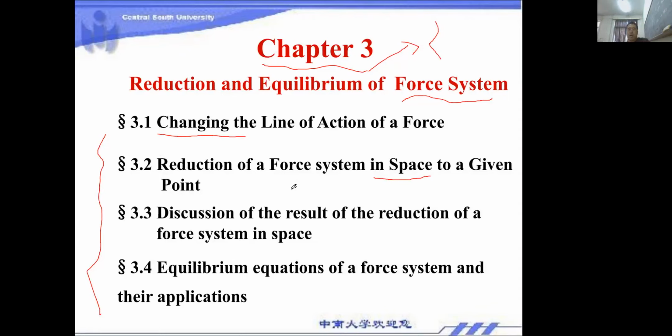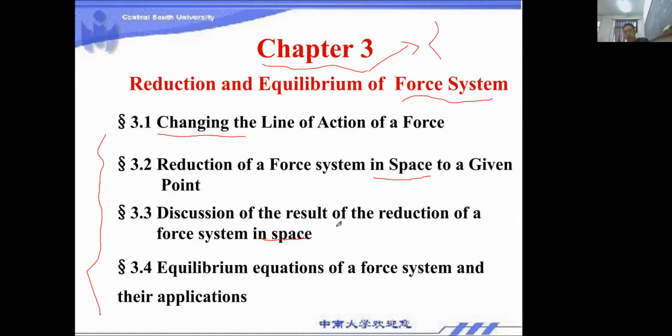So if we talk about some force system in space, it's okay. It's just to have an impression is enough. And the third section will be the discussion of the results of reduction of a force system in space. It's also okay. And the final one, equilibrium equations of a force system and application.